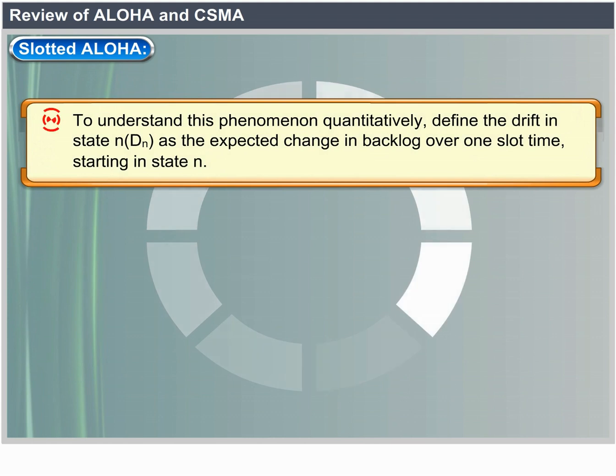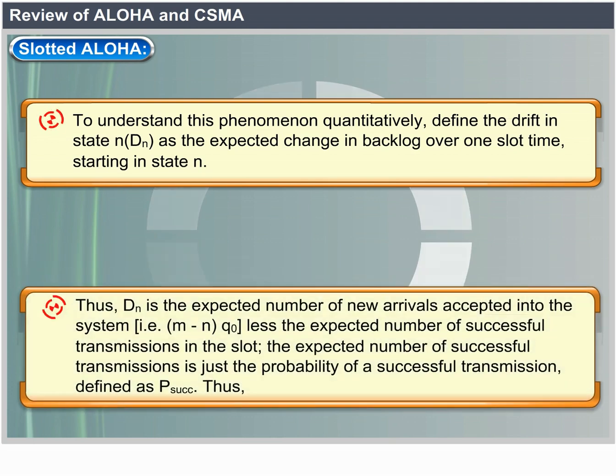To understand this phenomenon quantitatively, define the drift in state n, Dn, as the expected change in backlog over one slotted time starting in state n. Thus, Dn is the expected number of new arrivals accepted into the system, that is (m minus n) times QA, less the expected number of successful transmissions in the slot.